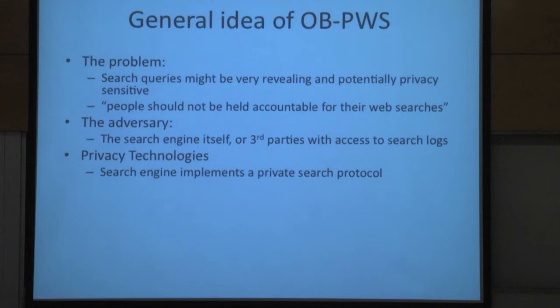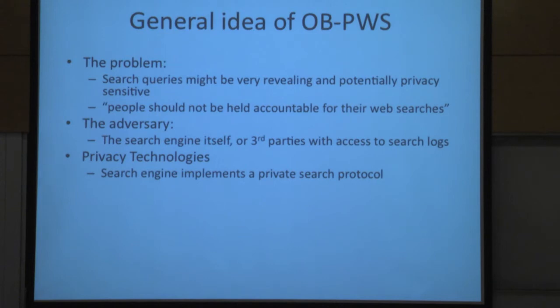There are some really nice, fancy protocols that implement private search. These are public key cryptographic protocols that allow you to send encrypted keywords to the search engine, which can do some processing in the encrypted domain and give you back results, and all of this in a way that the search engine does not learn the keywords, does not learn the results, and yet you still get the documents that match the keywords you were looking for.